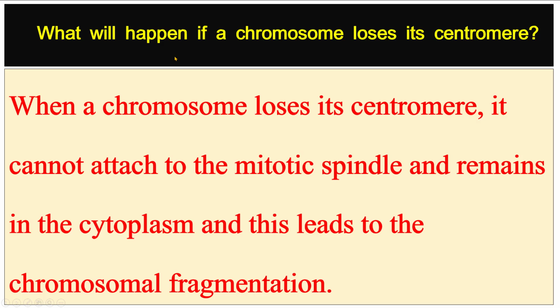What will happen if a chromosome loses its centromere? When a chromosome loses its centromere, it cannot attach to the mitotic spindle and remains in the cytoplasm, and this leads to the chromosomal fragmentation.